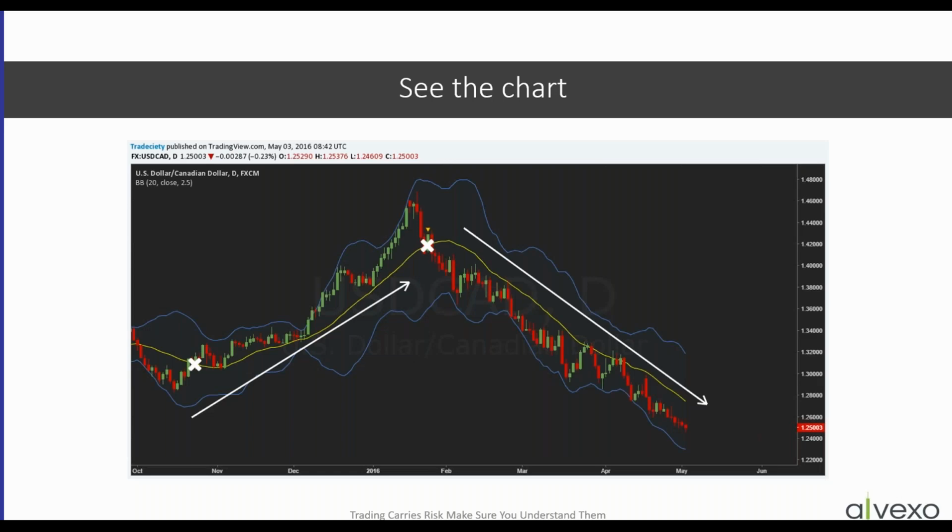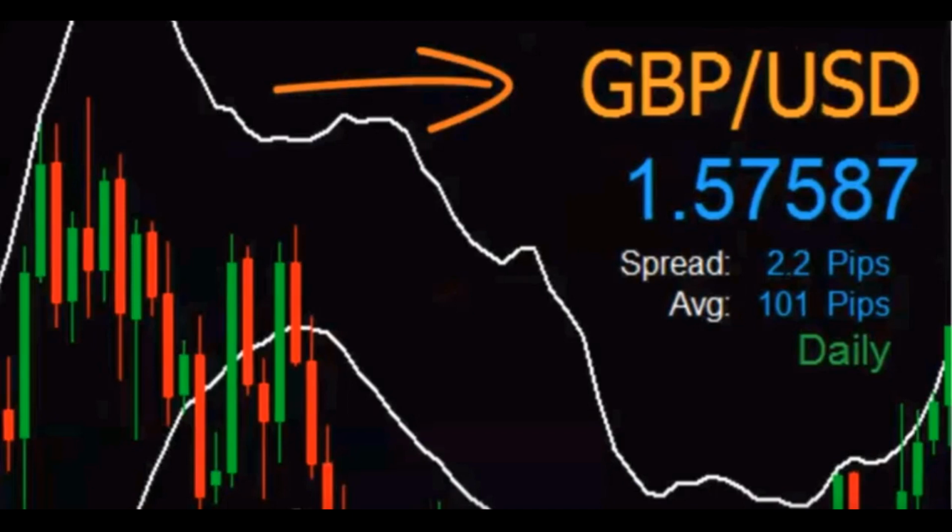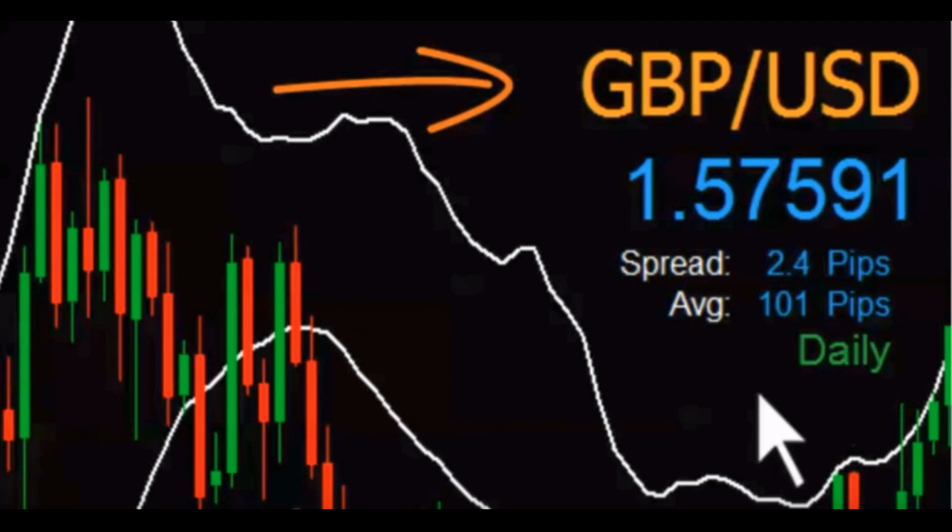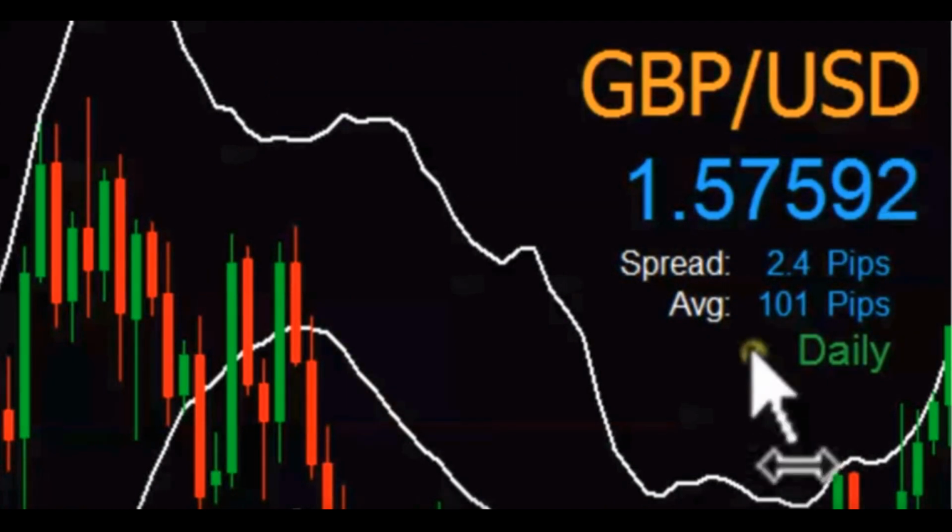So let me share with you a little presentation on Bollinger Bands that may explain this a little bit better in a visual presentation that I'm showing you right now. So to the live market and take a look at the pound dollar on a daily chart to illustrate how we can trade using Bollinger Bands.